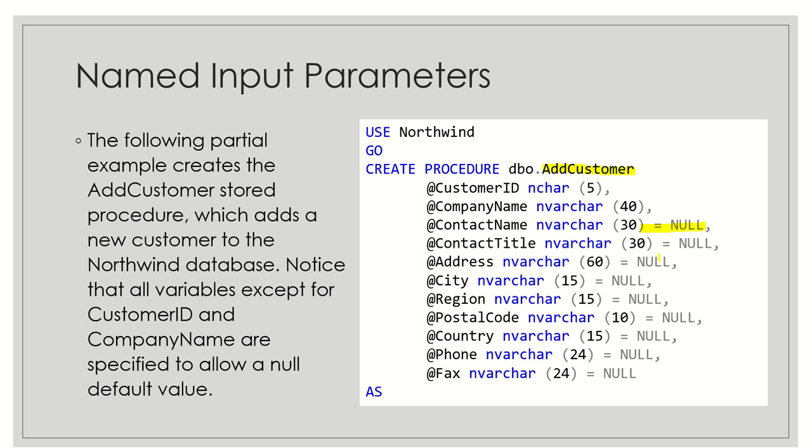Typically, the assignment of null as a default would match up to whether or not the field in the table allows nulls. So for example, if you couldn't add a customer with a null country, then you wouldn't provide a null here. If the country can be null, then you allow for that null as a default.